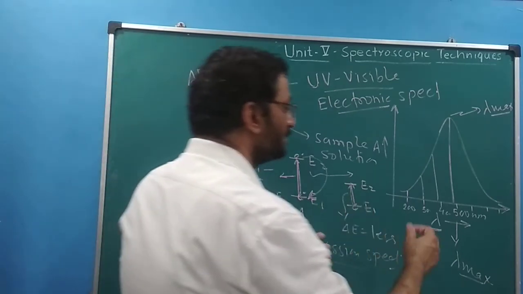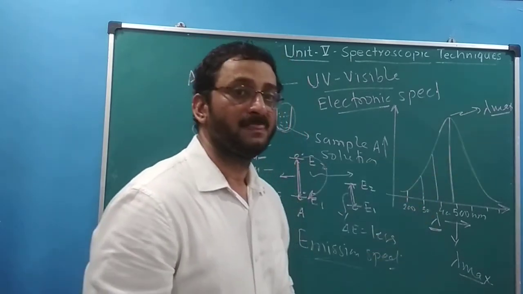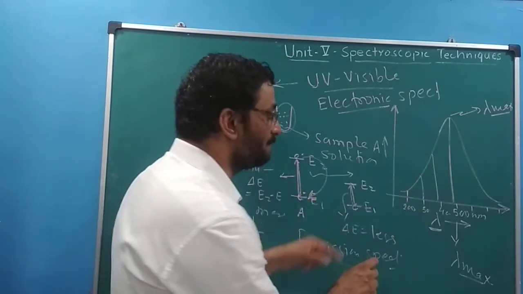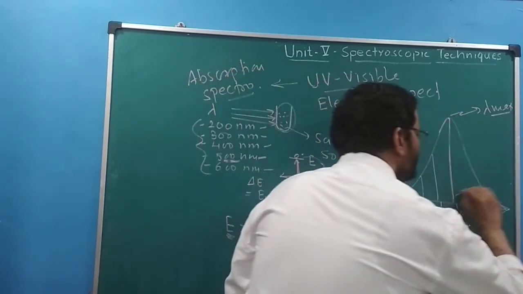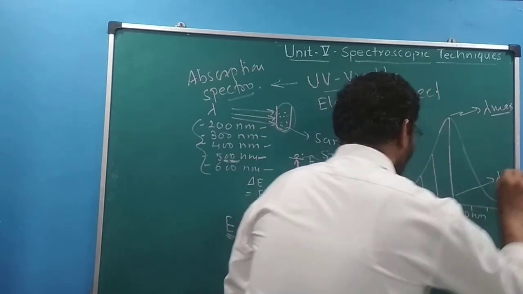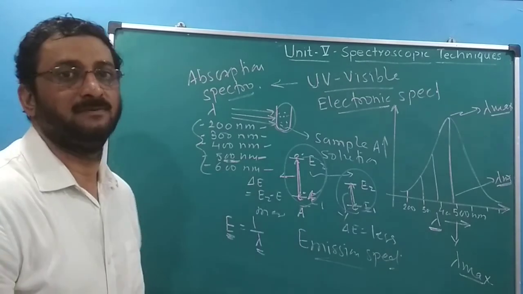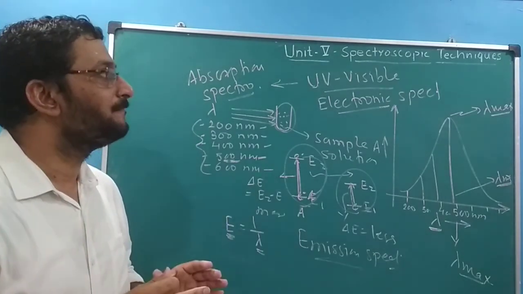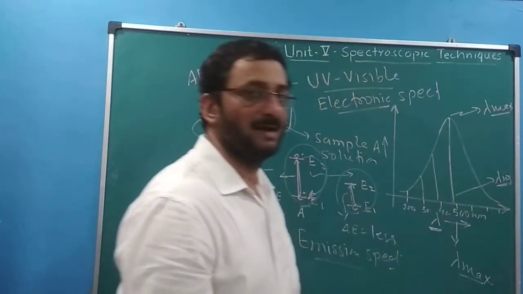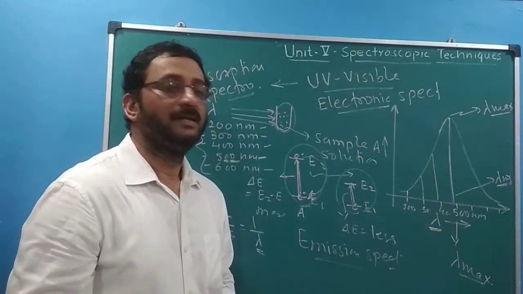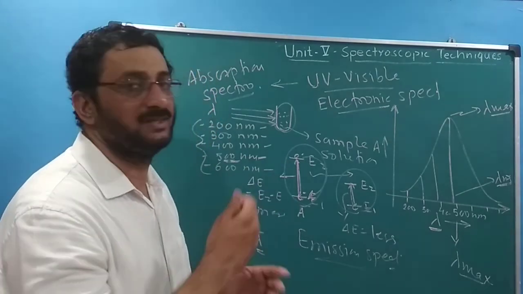We also know that samples absorb different types of light. The one wavelength absorbed by the sample to the maximum extent is called lambda max, and this lambda max is responsible for different types of transition in the sample.